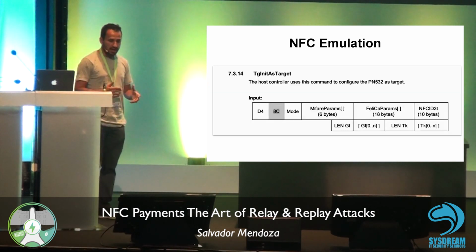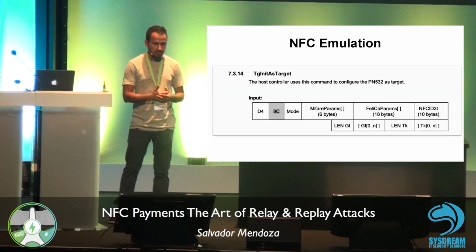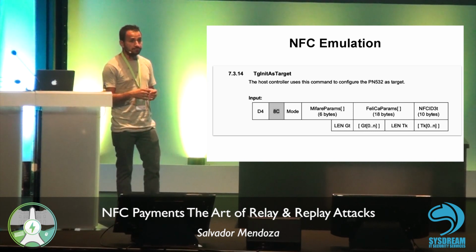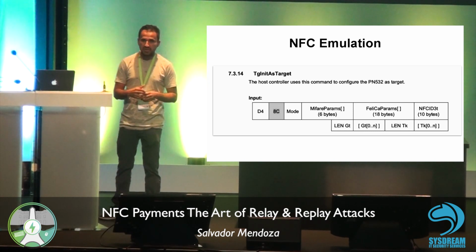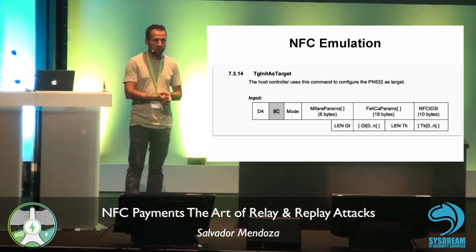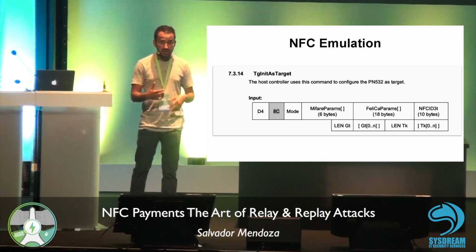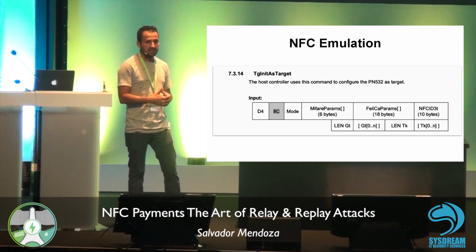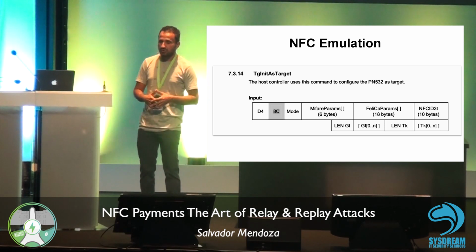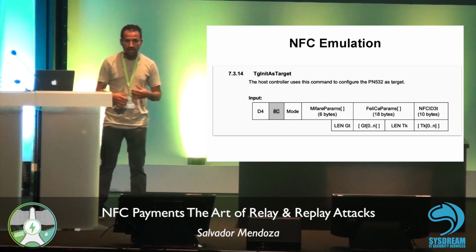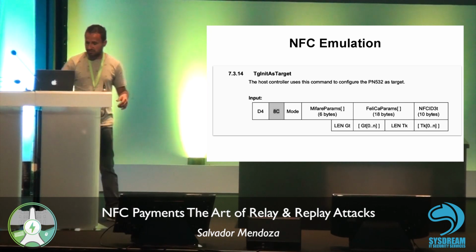Of course, to run it in target or emulation mode, you need to implement what we call native commands. Basically, when you connect the USB to your computer and run a script while using it as a reader, the first command is like, I'm not going to use it as a reader, I'm going to use it in simulation mode, so I can use it to behave as a smart card.